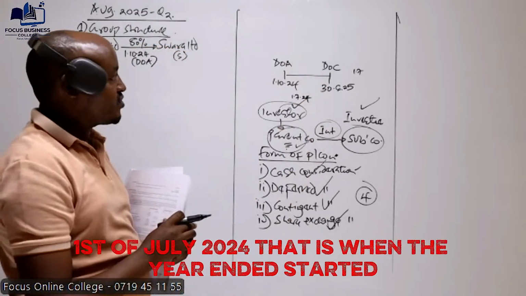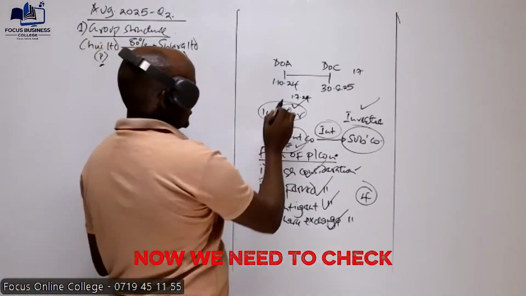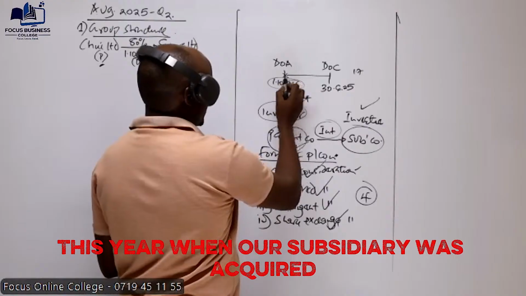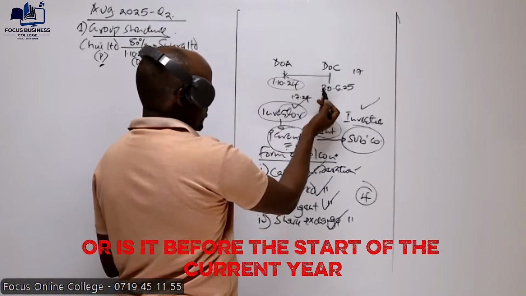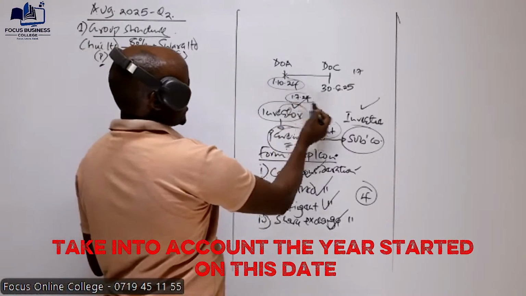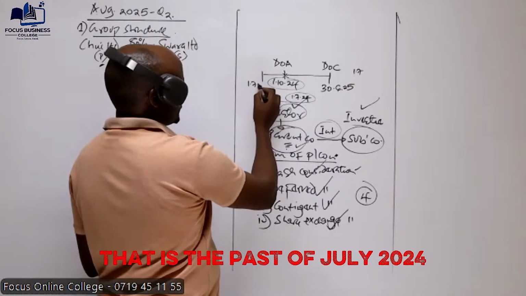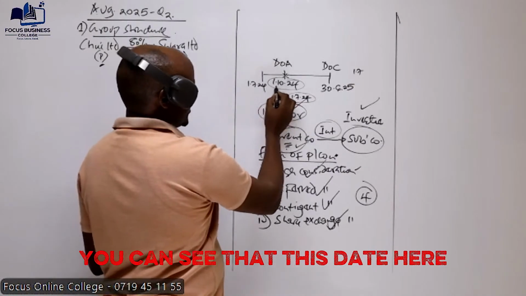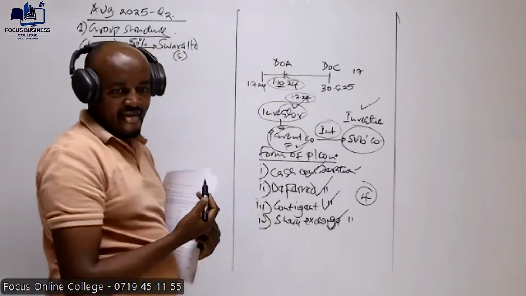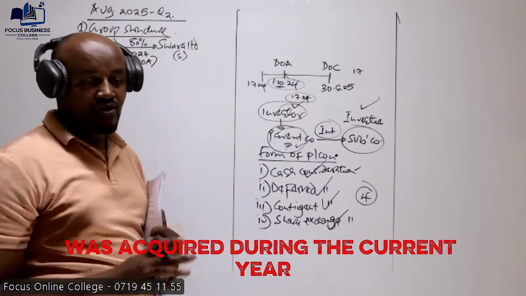Now we need to check when our subsidiary was acquired. You can see that this date falls within the current year. It basically means that this subsidiary was acquired during the current year.